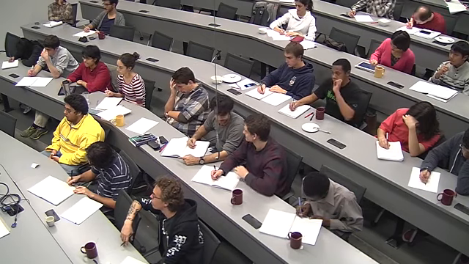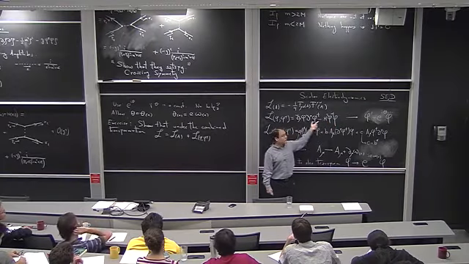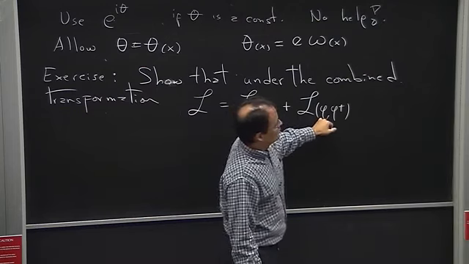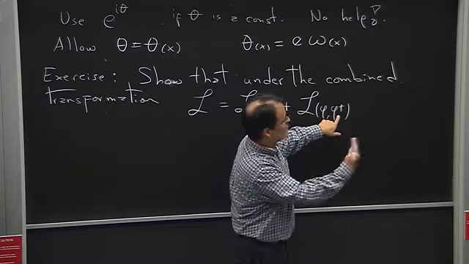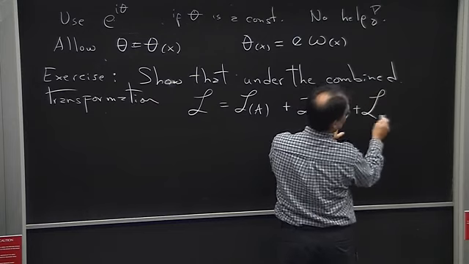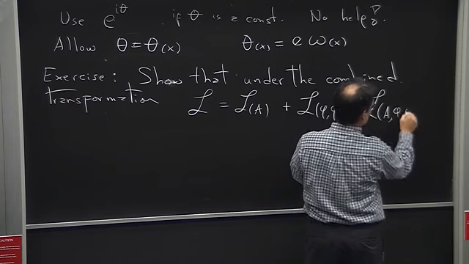Of course, it cancels out from here, no problem. There is no contribution from here. All the contributions come from here. So we seem to be making life worse because this will not be invariant anymore. But things will be great if whatever we get from here cancels what we get from this.